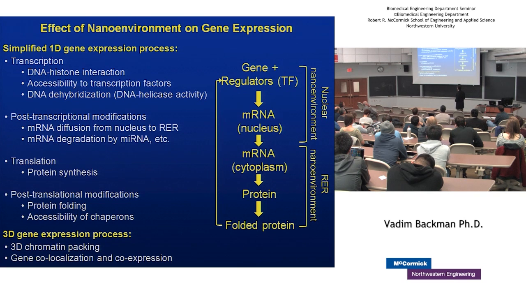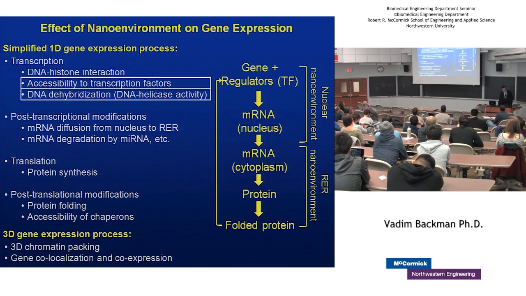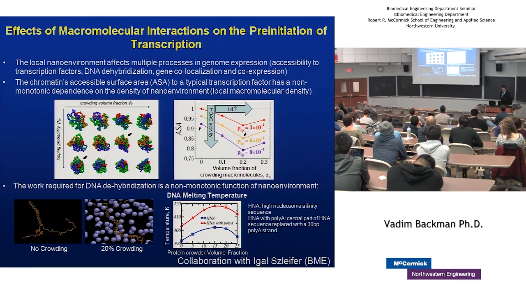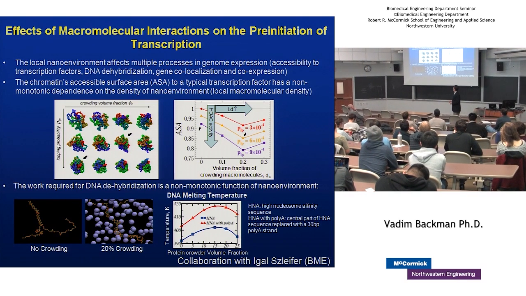As an example, if you look at gene expression, almost each and every step in gene expression you can think of can be affected by a local nanoenvironment. As an example, let's look at accessibility, transcription factors, and DNA rehybridization. This is work done in collaboration with the Gauss-Leifer.